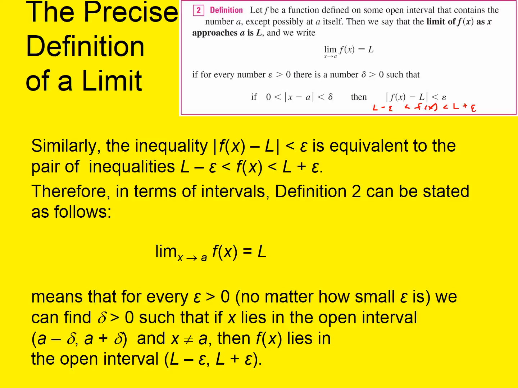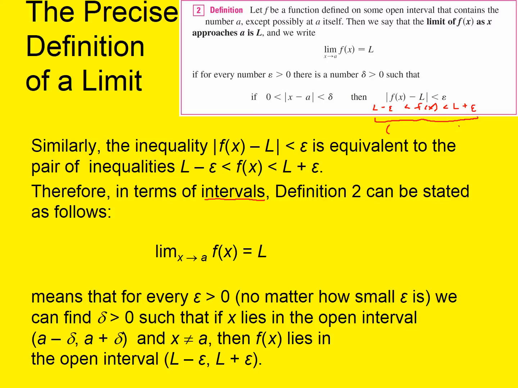Therefore, in terms of intervals, definition 2 can be stated as follows. Okay, so now we're going to use intervals, not inequalities. And we know how to make a compound inequality like this into an interval.